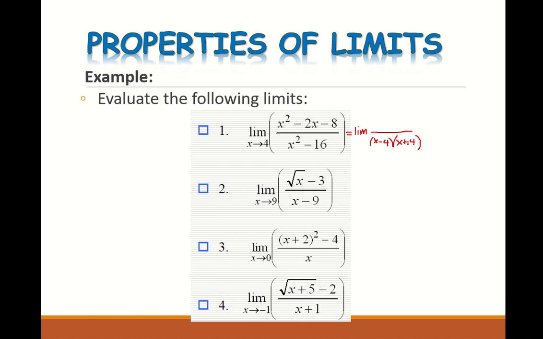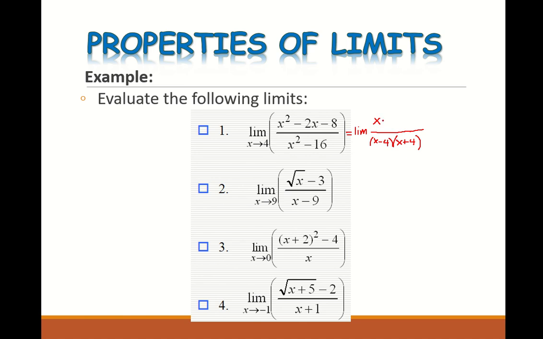Okay, at the numerator, what are the factors of x squared minus 2x minus 8? This gives us a hint: one of the factors at the numerator is the same as one of the factors in the denominator.